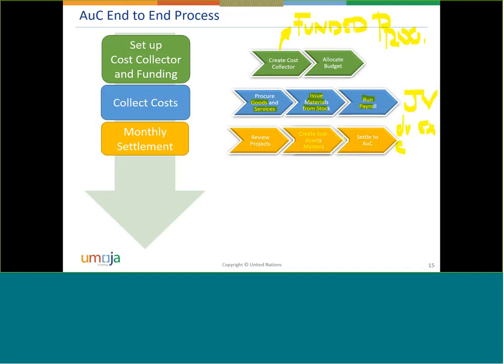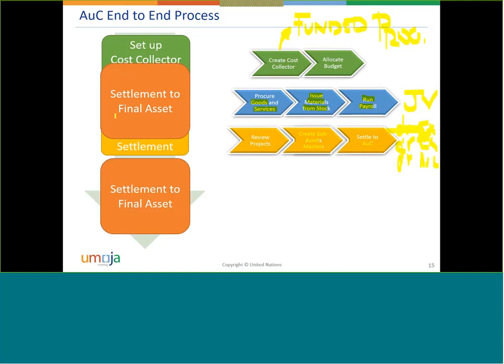Sorry, that's the other way around. Credits expense account and debits the AUC account, the 271 that is linked to the AUC. So we are basically moving from expense to 271 account, and this happens monthly.